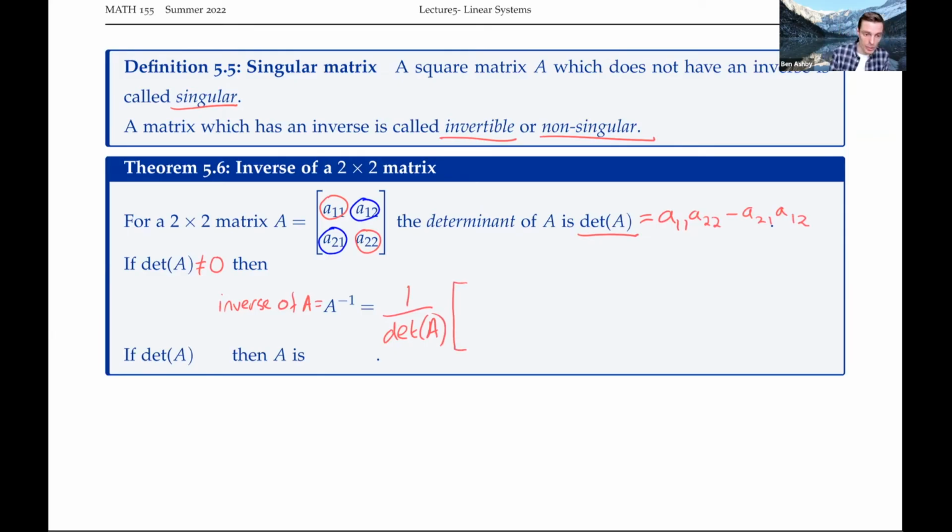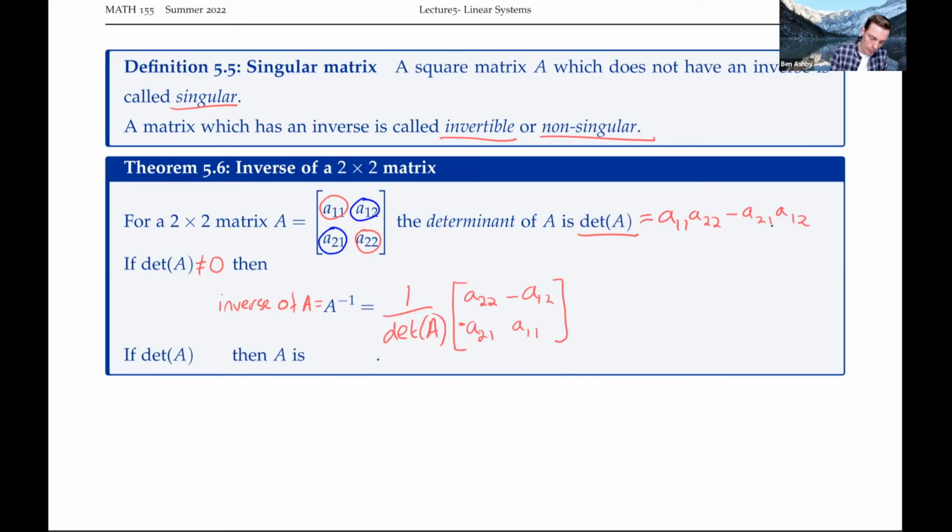And here, what we do is we switch the order of our main diagonal elements. So this here becomes A22, and this becomes A11. And then we take minus A12 up here and minus A21. So the elements on the main diagonal switch place, and the elements on the off diagonal, we just take the negative values of them.